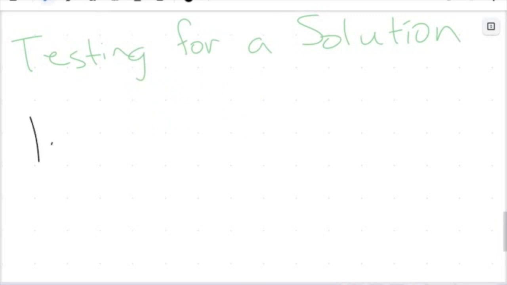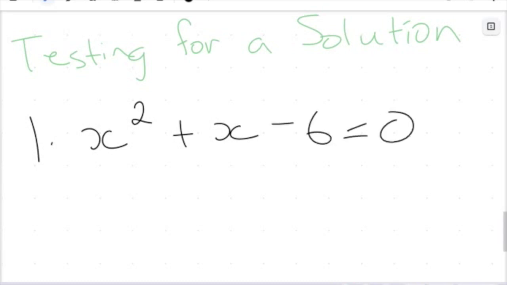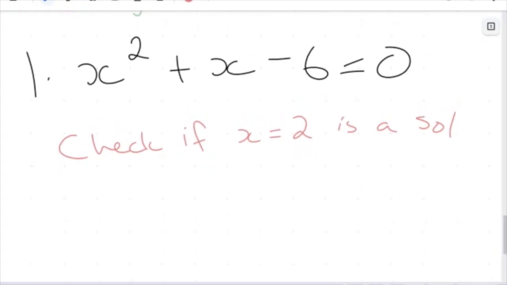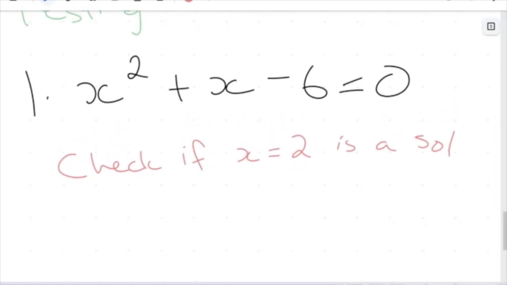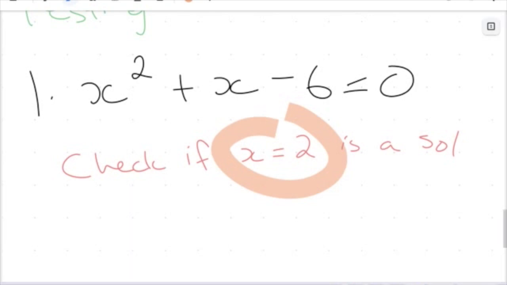And what we're going to do, I'm going to write an equation out here, a quadratic equation that is, and I want to check if x equals 2 is a solution. Now, remember, if something is a solution, when I sub it into my equation, it will make the equation true.